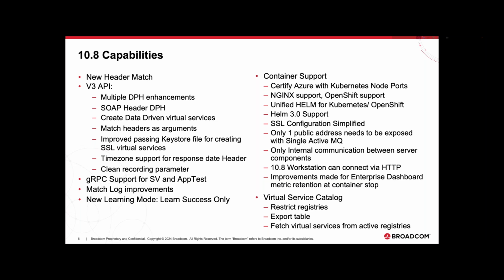Now, that does require that you also upgrade your workstation to 10.8, but you don't have to open up a TCP connection in order for the workstation to connect in. So there are a lot of new capabilities in our containers to simplify the setup and make it easier to use so that you can easily deploy Service Virtualization using cloud native.